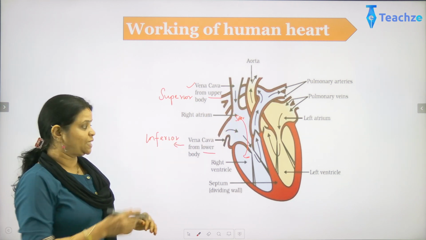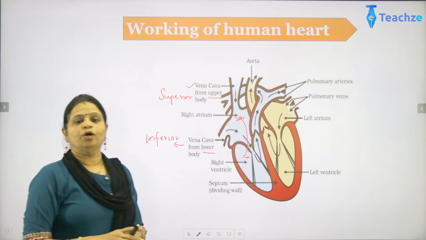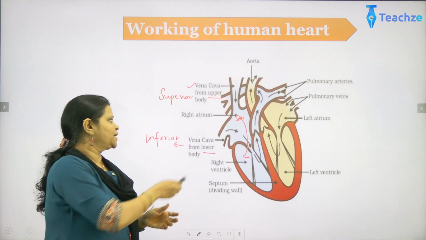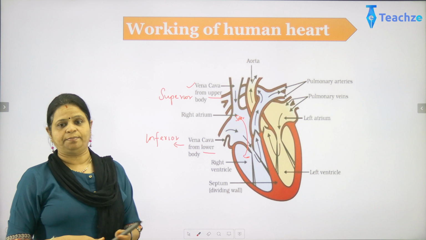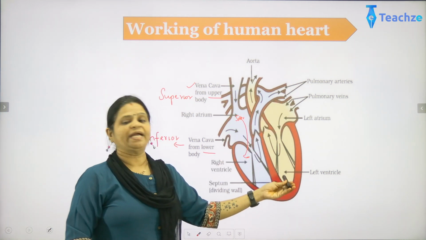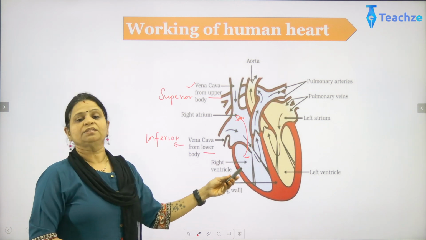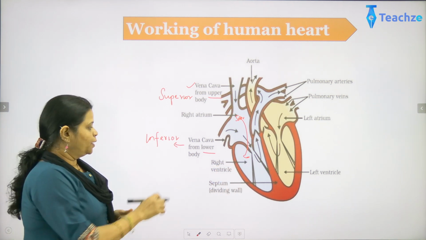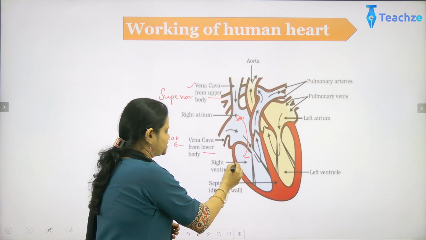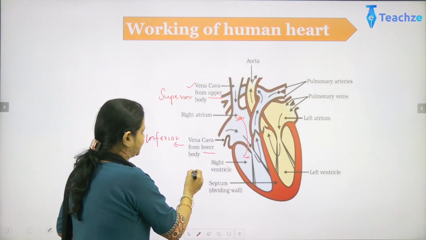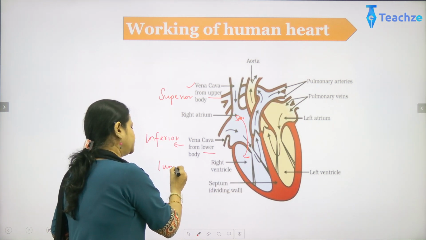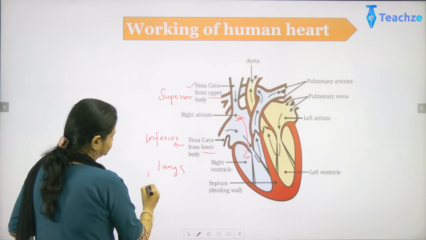This happens even on the left side. The only difference is that the right side is filled with deoxygenated blood, whereas the left side is filled with oxygenated blood. Blood from the right ventricle moves towards the lungs. From here it is taken to the lungs through the pulmonary artery.